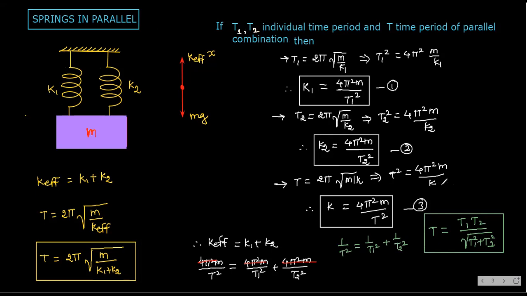Here you can keep K effective or even K also. Choice is yours. K effective or only K. No, here also K effective. You can keep anything whatever you want. Understood? Okay, let's move ahead.